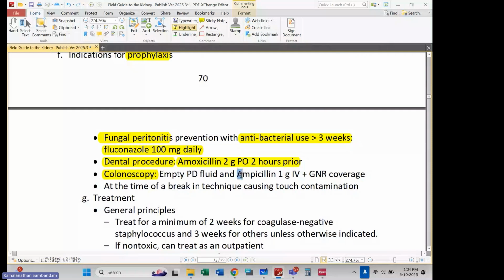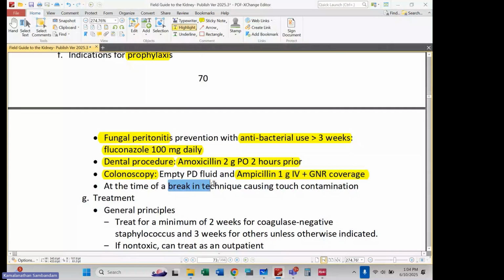A dose of amoxicillin, again, similar to what you saw for endocarditis prevention in a patient with valvular disease. Colonoscopy, you would want to cover gram negatives as well. So amoxicillin or ampicillin plus Cipro would be an example of a strategy that you might employ to prevent peritonitis in a patient that is going to colonoscopy.